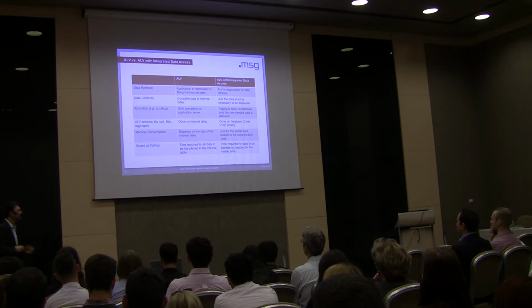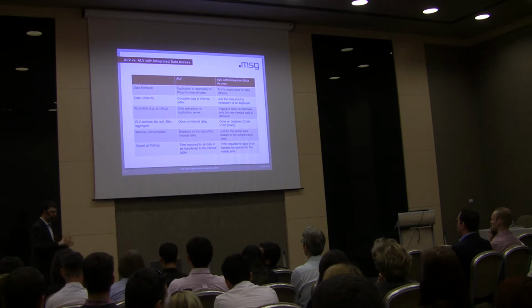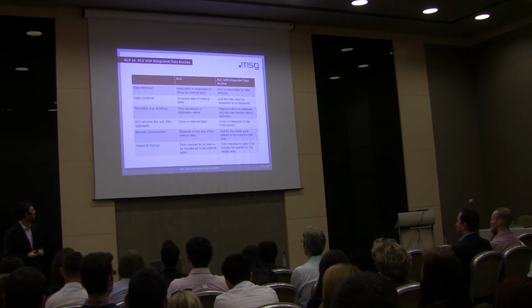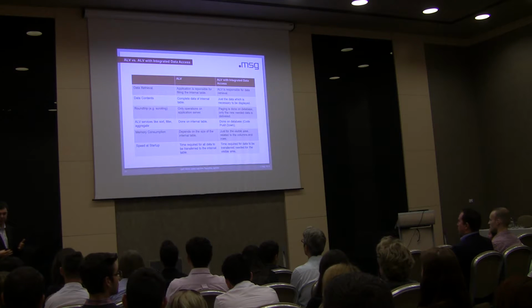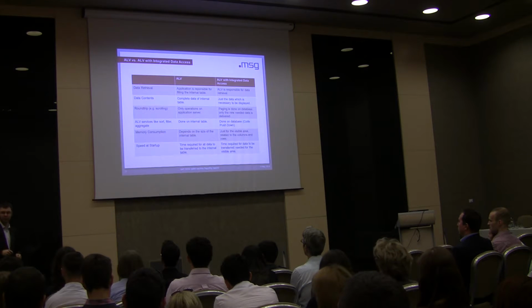Another point is the speed at startup. If you start a program with the classical ALV, it takes so long until the complete data is loaded. With the new ALV, it starts very fast because just a little set of the data has to be loaded.